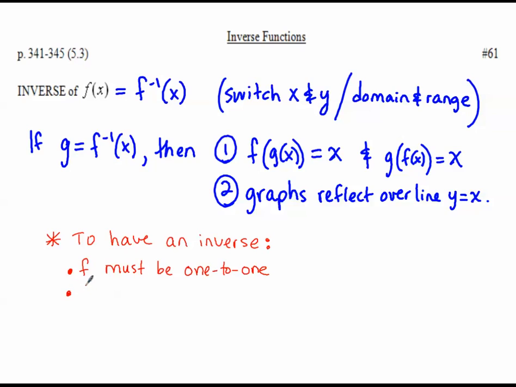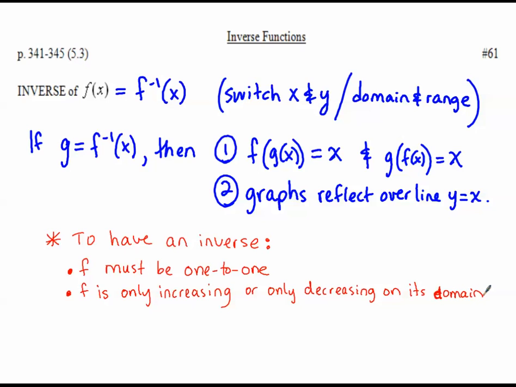How do we know that? Well, thinking about what we examined earlier, f is only going in one direction. Either f is only increasing or only decreasing on its entire domain.